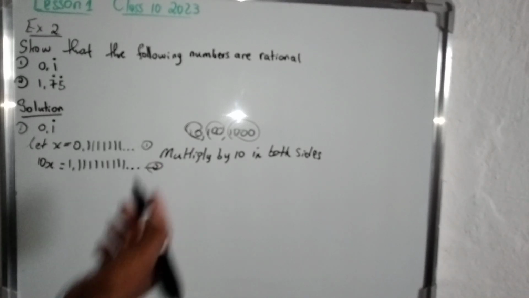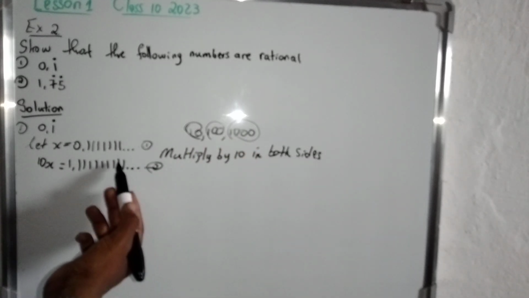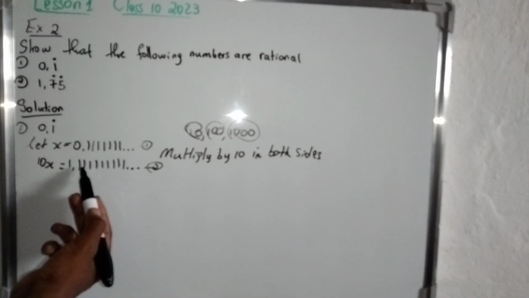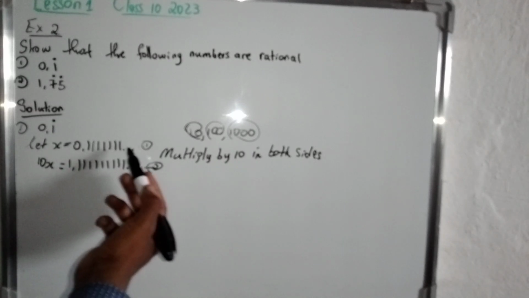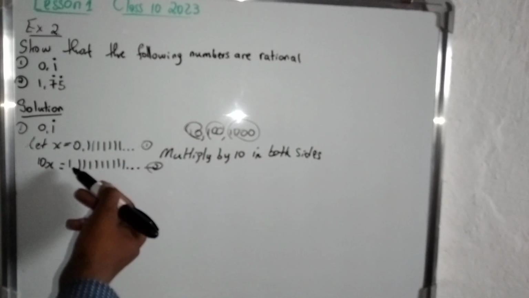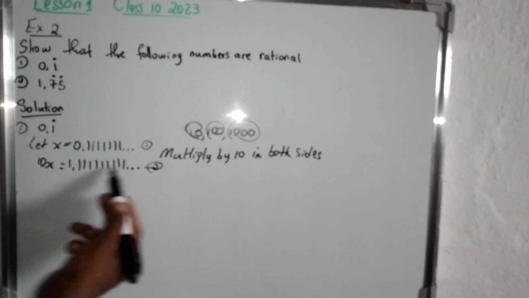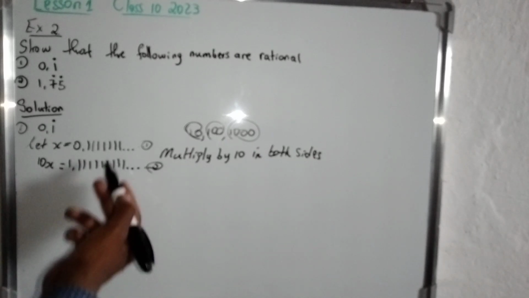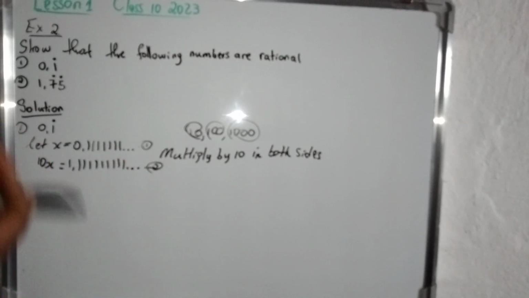So there is no need to proceed to 100 as well as 1000 if these digits after the comma are the same. The reason for you to multiply by 100 is because you are trying to make these digits be the same after the comma. Ours here are the same, so that means we just multiply by 10 only, then we proceed.